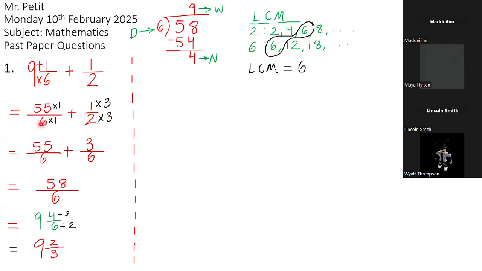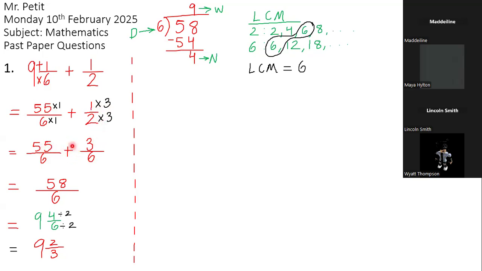So we asked ourselves, what times 6 is 6? 1. Whatever we do to the bottom, we must do to the top, right? What times 2 is 6? 3. So 2 times 3 is 6, and 1 times 3 is 3.